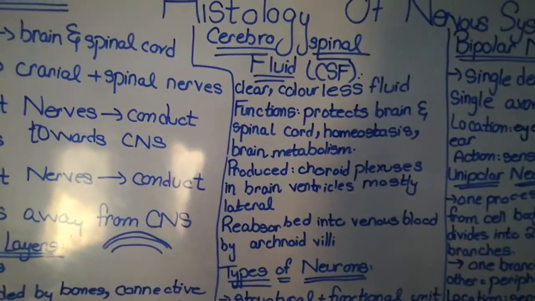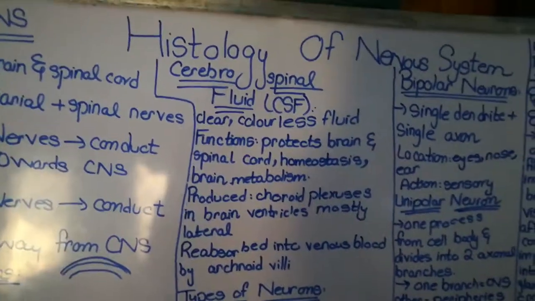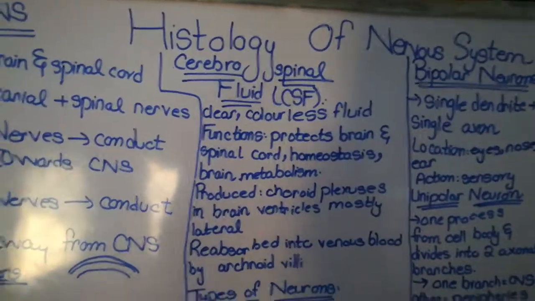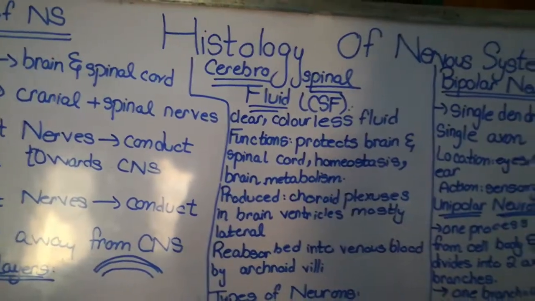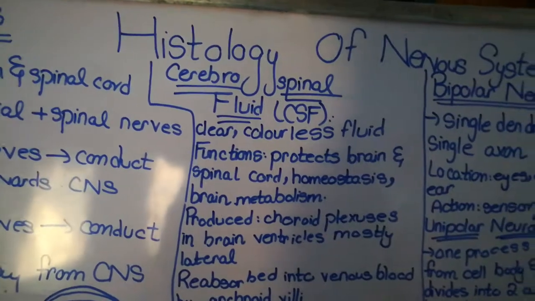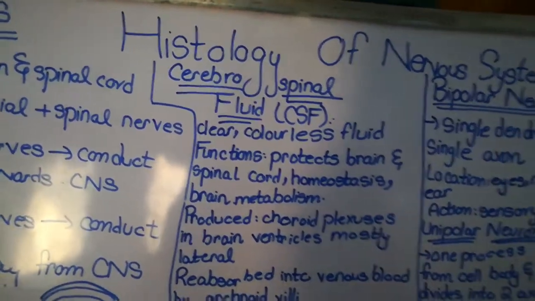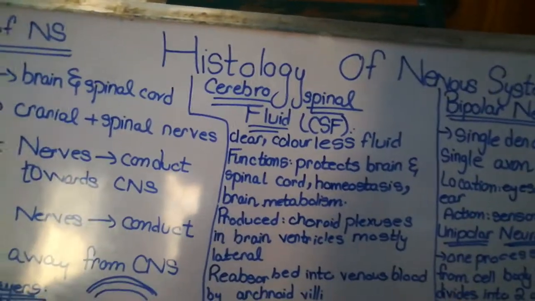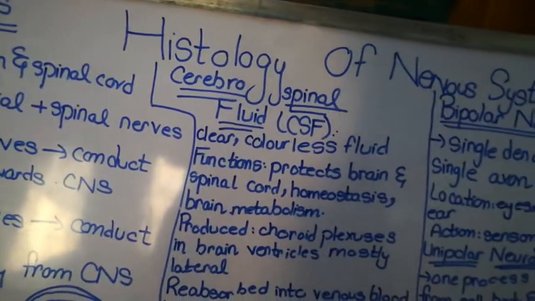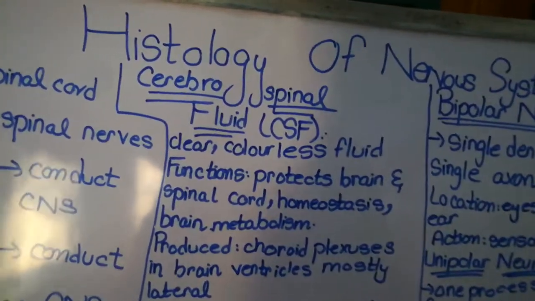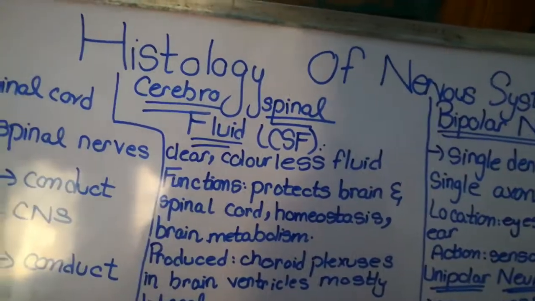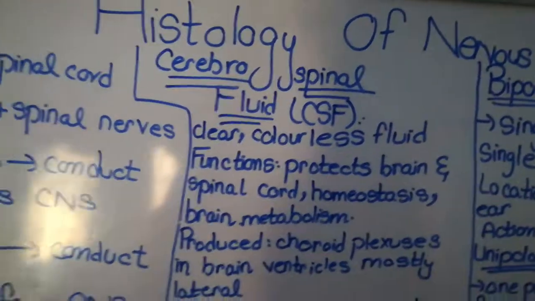It will help in homeostasis, in balancing the nutrients between the brain and the spinal cord. It is produced in the choroid plexus, which we will study later on in your second year anatomy and physiology, and it is basically located in the lateral ventricle of the brain. And once done, the remaining can be reabsorbed into the venous blood by means of villi. Those are known as the arachnoid villi.